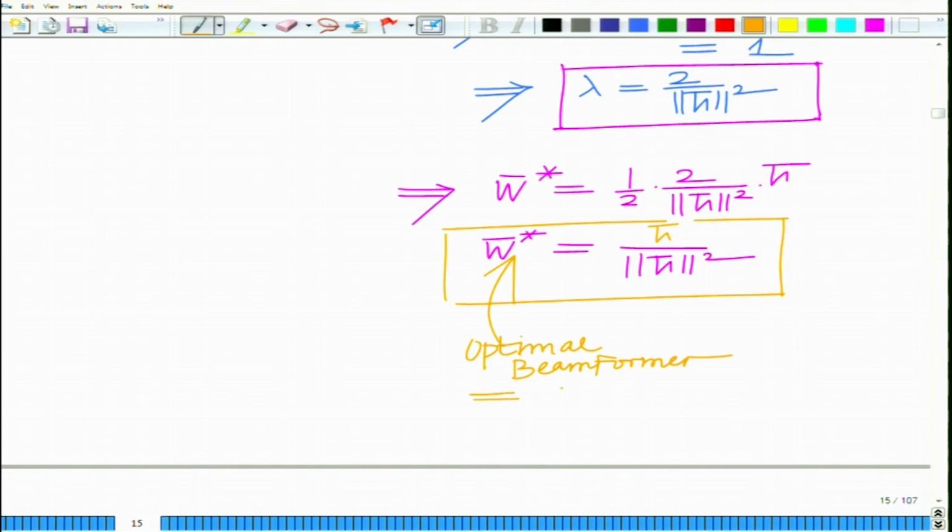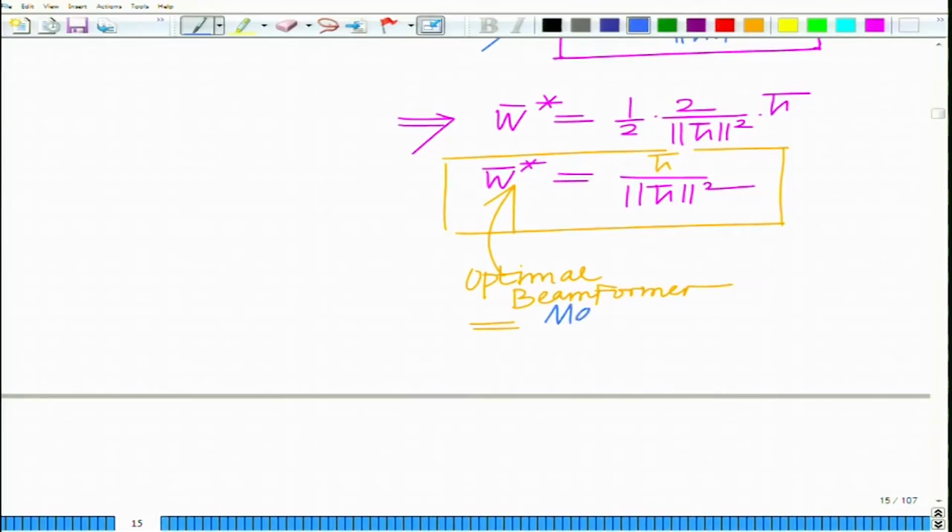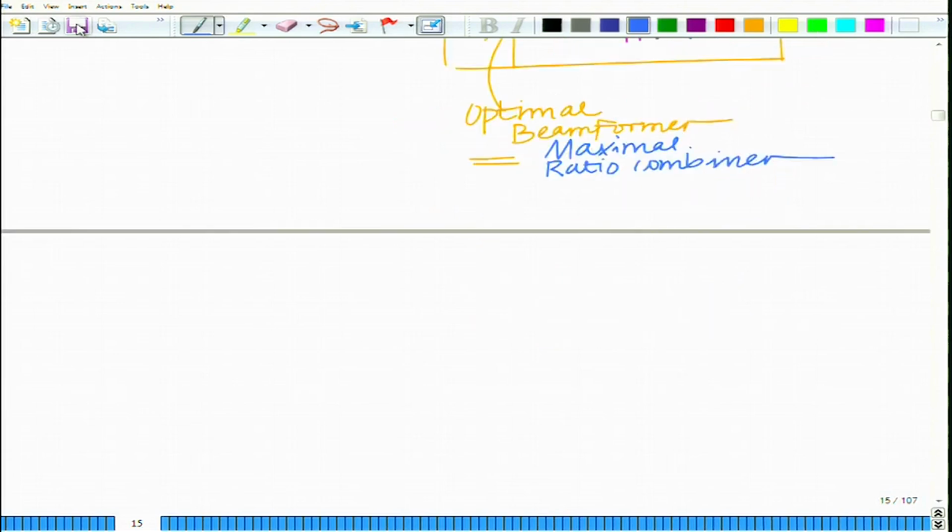This is also termed as the maximal ratio combiner, because this maximizes the signal to noise power ratio. So, that gives us the optimal beamformer, which is H bar divided by norm H bar square, that is a maximal ratio combiner.